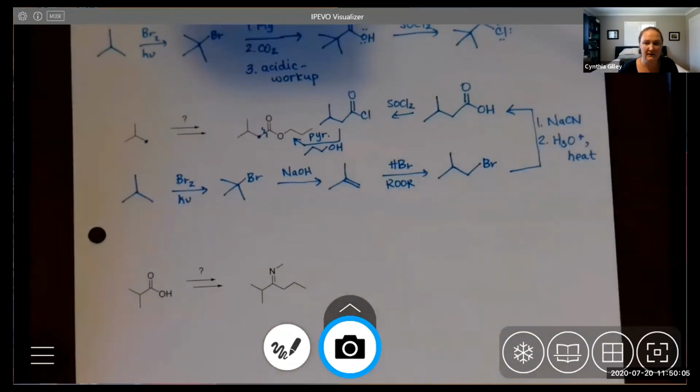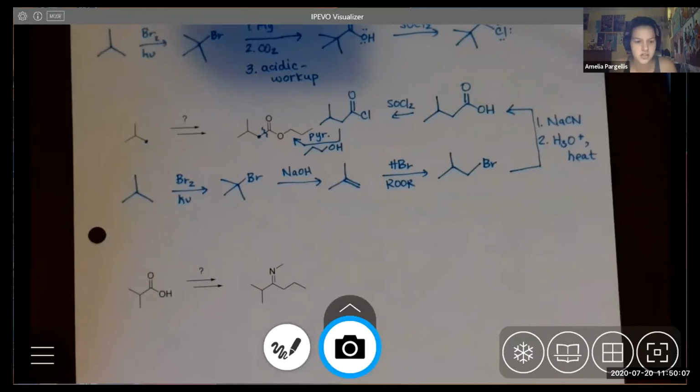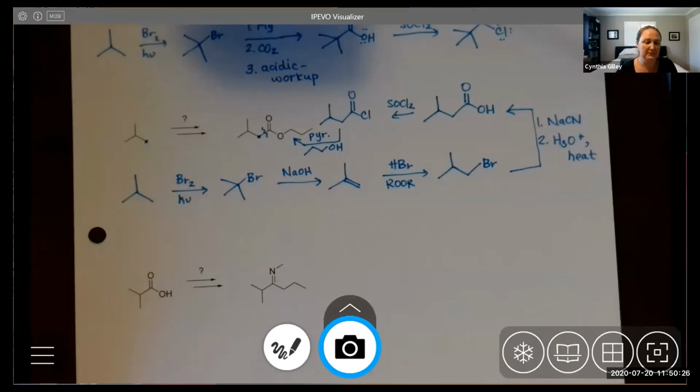I have a question. Yes. About that mechanism. In that really large reaction chart they give at the end of the video in the chapter, they have H plus ROH going from the carboxylic acid to an ester. Are we able to use that as the final step?